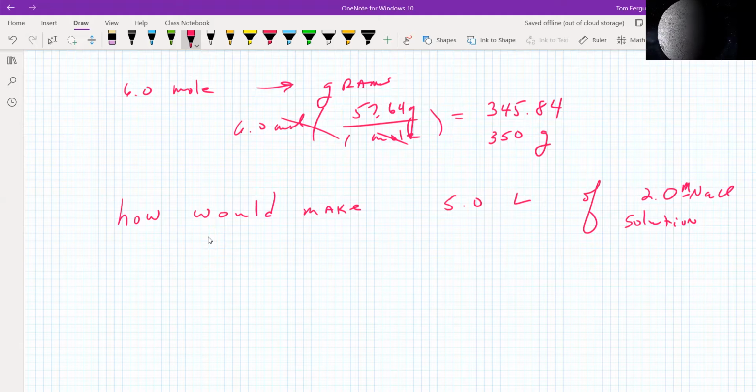How would you make it? Pick out the water and salt.